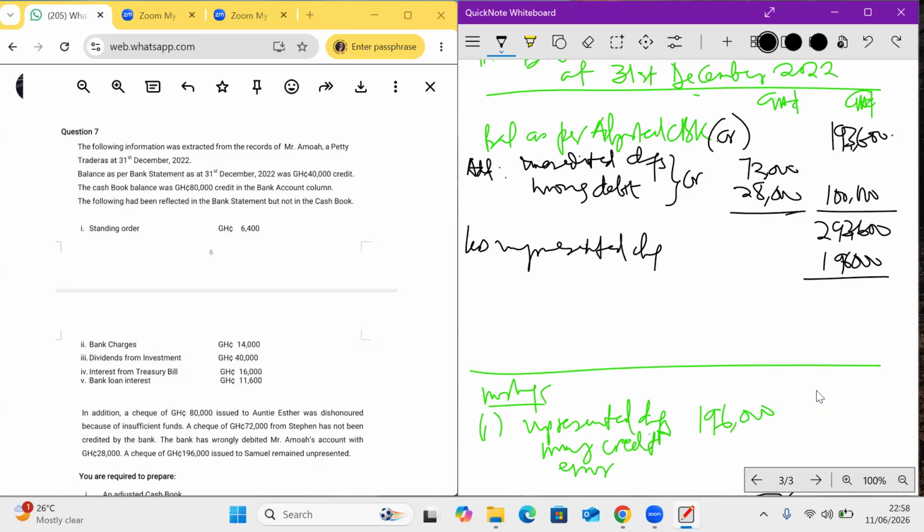Do we add or we subtract? We subtract. Why? Because it's debit. Subtract. So what's the difference?